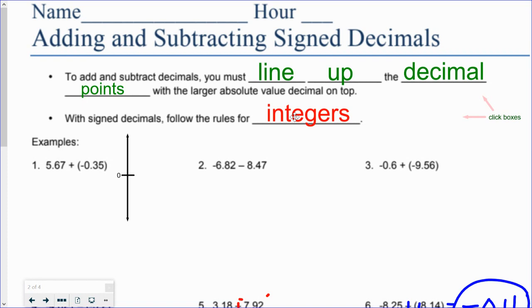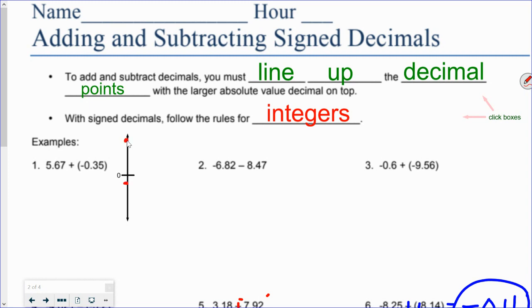So let's look at example number 1. We have 5 and 67 hundredths plus negative 35 hundredths. My 5 and 67 hundredths would be more up at the top, and then my negative 35 hundredths is really close to the 0.